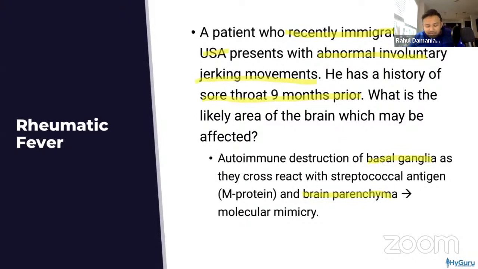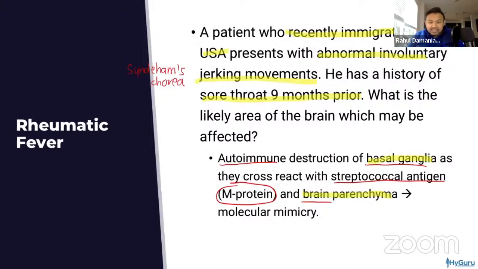So this is the presentation with these abnormal jerky movements of Sydenham's chorea. And what you have is this autoimmune destruction of the basal ganglia as the immune system reacts with the streptococcal antigen M protein and the brain parenchyma.